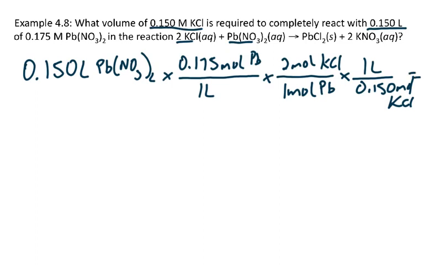So I can do all of that math and find out what volume I'll end up in liters. And my answer ends up being 0.350 milliliters. Not milliliters, liters. Liters of my KCl.